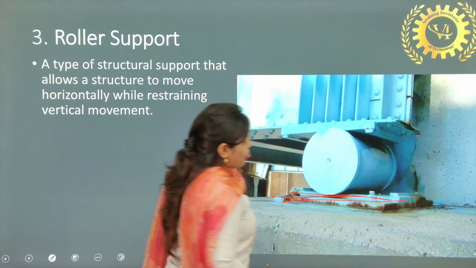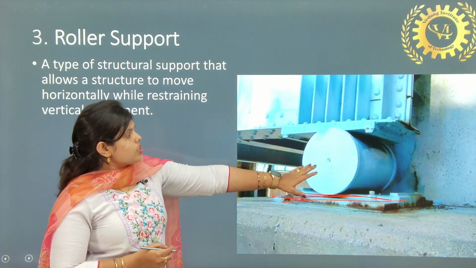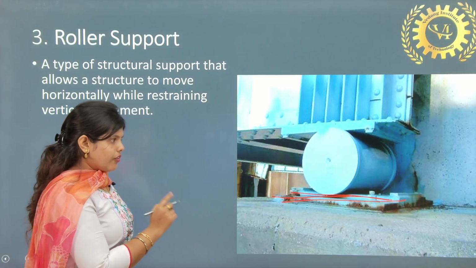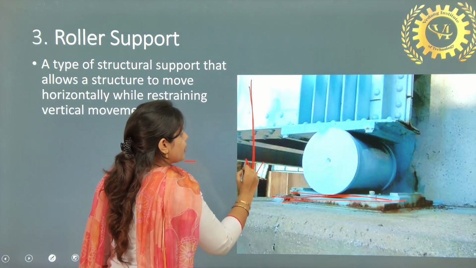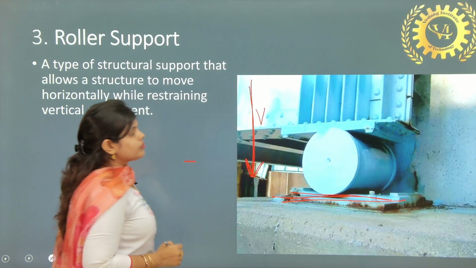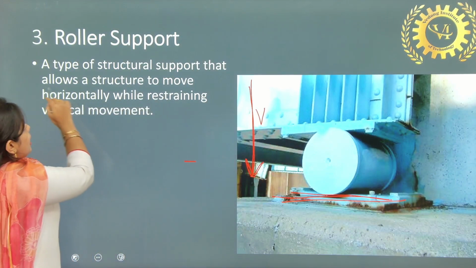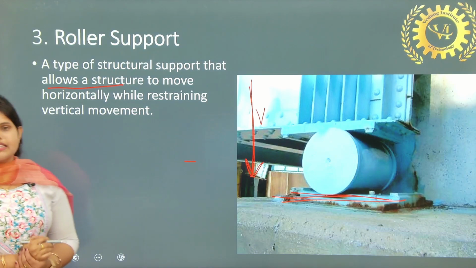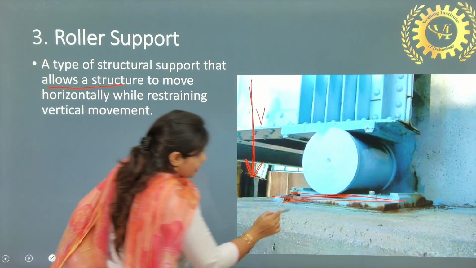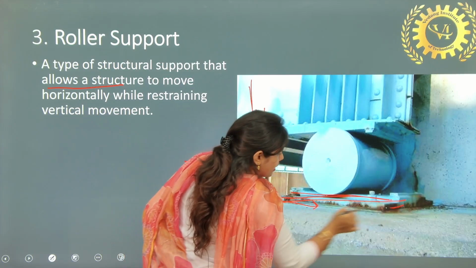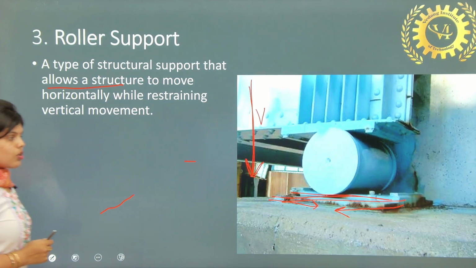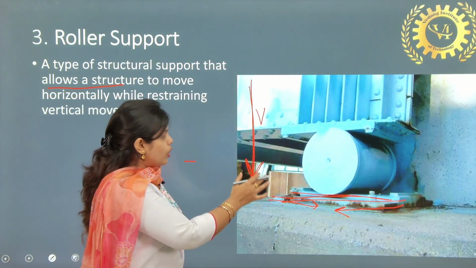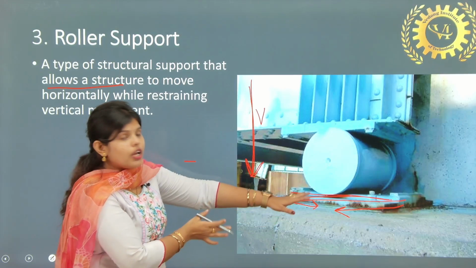So in the case of roller support, it prevents the vertical force, and it allows the structure to move horizontally. Here it can move in this direction and in this direction. So it is not giving any reaction in the horizontal direction.